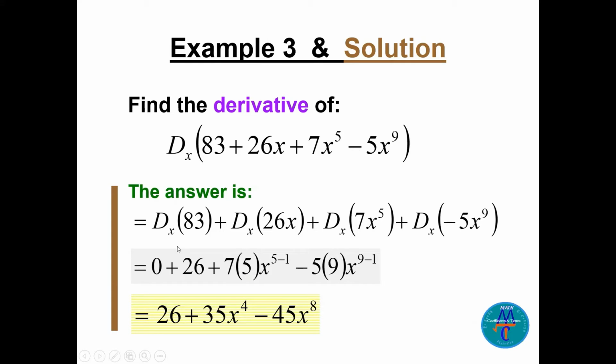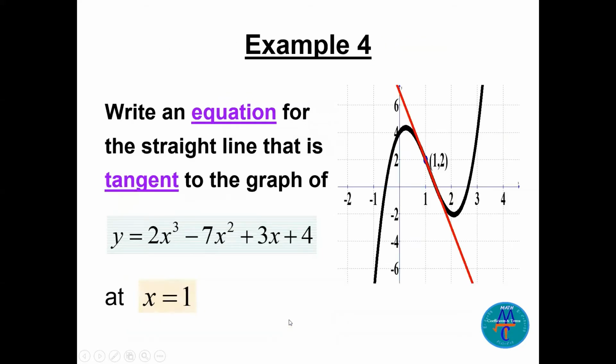The derivative of the constant is 0, and the derivative of 26x is only 26. Here we use the power rule: bring 5 down, subtract 1. Here bring 9 down, subtract 1. So this is the derivative. So easy.